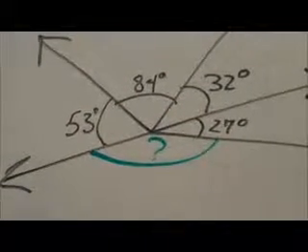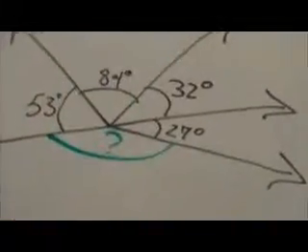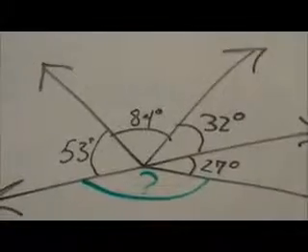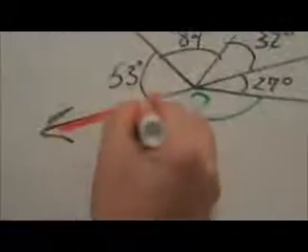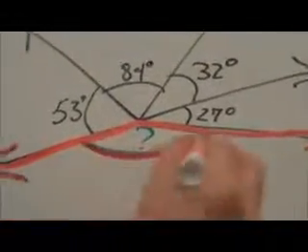degree. As you can see, we have an acute angle here at 27 degrees. I have an acute angle at 32 degrees. I have another acute angle at 84 degrees. And I have a fourth one at 53 degrees. I have this huge obtuse angle. If you want to see it in red, I've got a huge obtuse angle at this point.